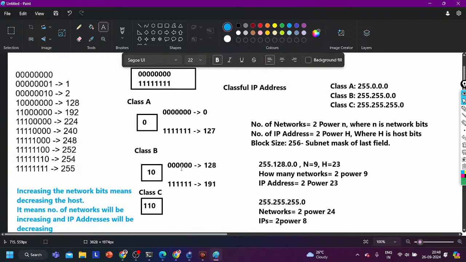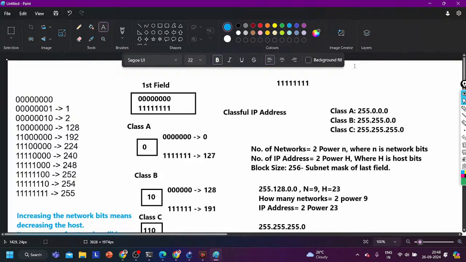So now tell me one thing. How many IP addresses are there in class A? 2 to the power of 24.